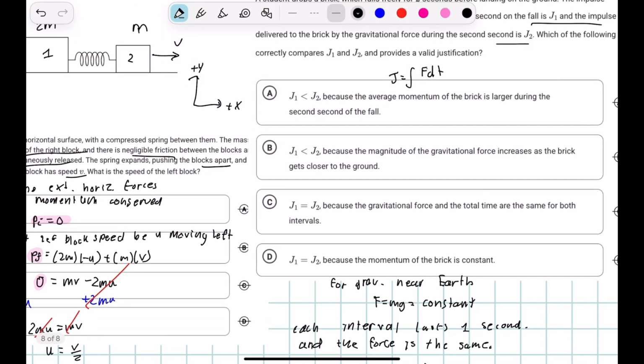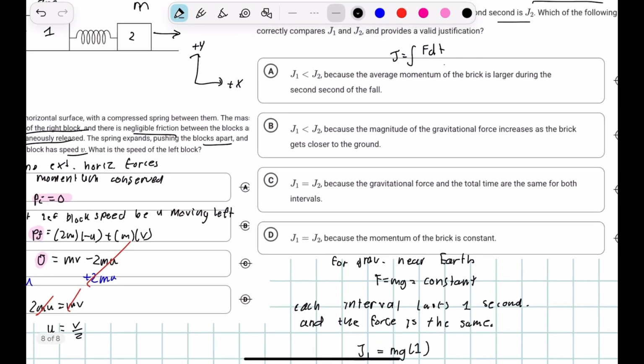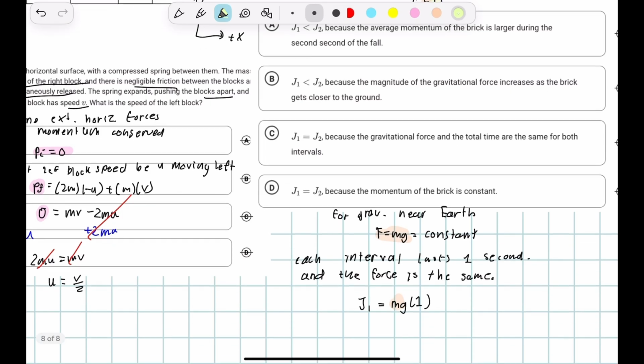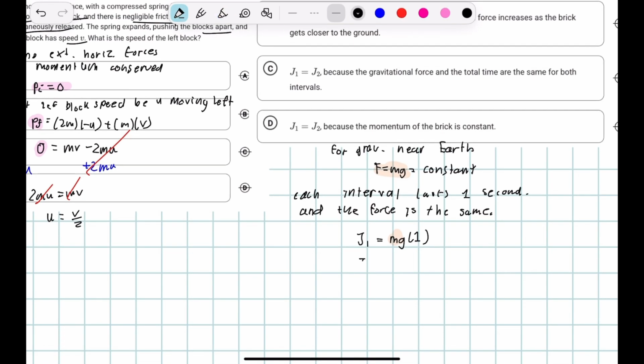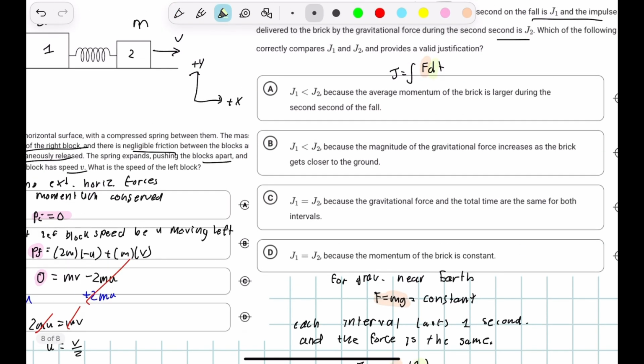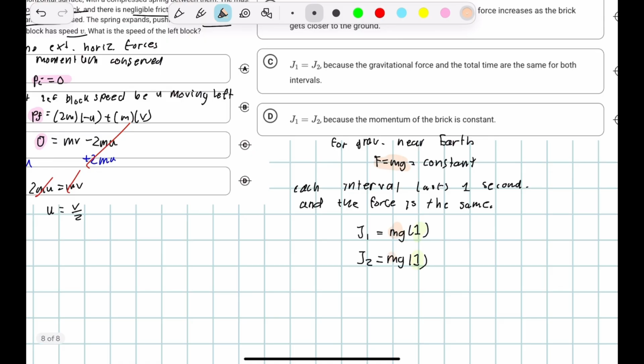So we know J is F, the force, times dt. So J2 is equal to mg times 1.